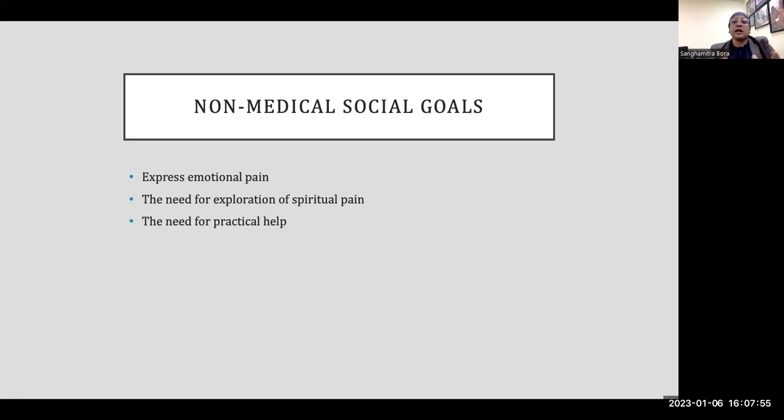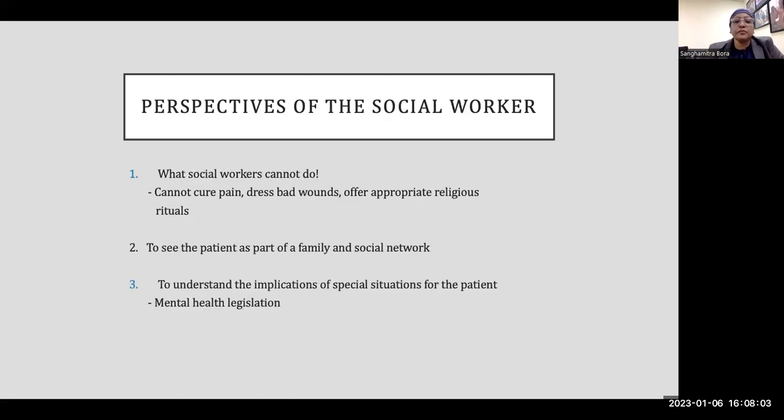So this is a kind of non-medical social goal that is very, very important to address.